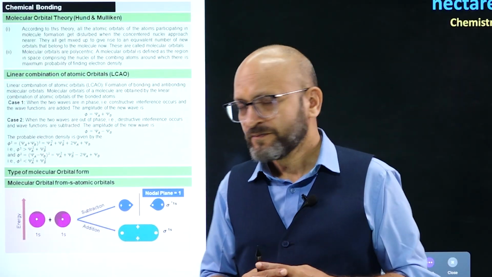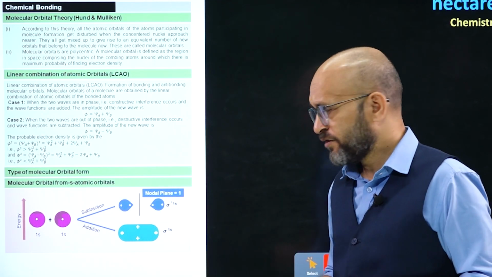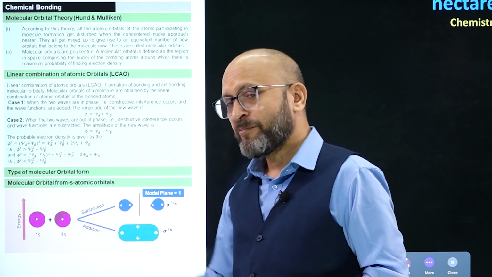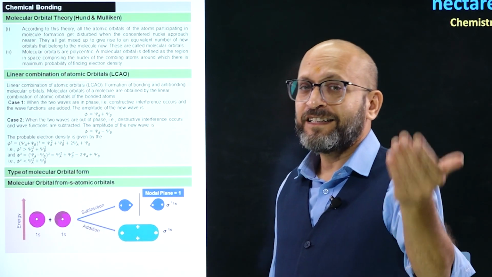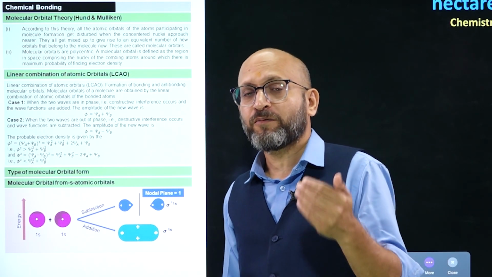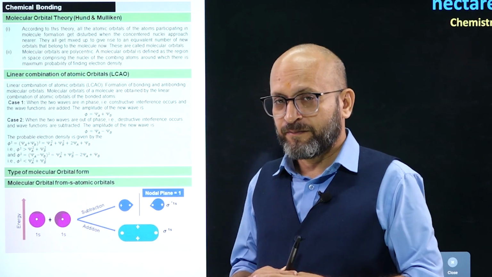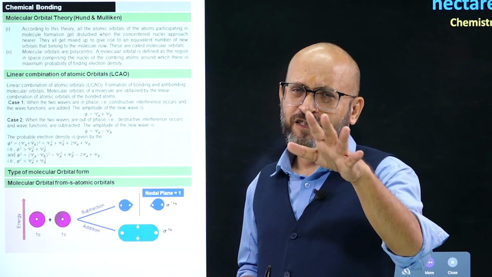Alright. Now you have the formation of molecular orbitals over here. The number of molecular orbitals formed is equal to the number of atomic orbitals participating. And atomic orbitals participating in the formation of molecular orbitals should have similar energy.